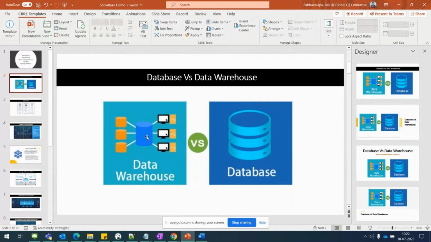So from 5 GB on the first day, after 1 year you have like 50 GB of data, right? After 2 years, it is growing because you don't delete. So the data warehouse concept is, you don't delete a record once it is within the system. You don't delete it because you want to see the history of the data also.